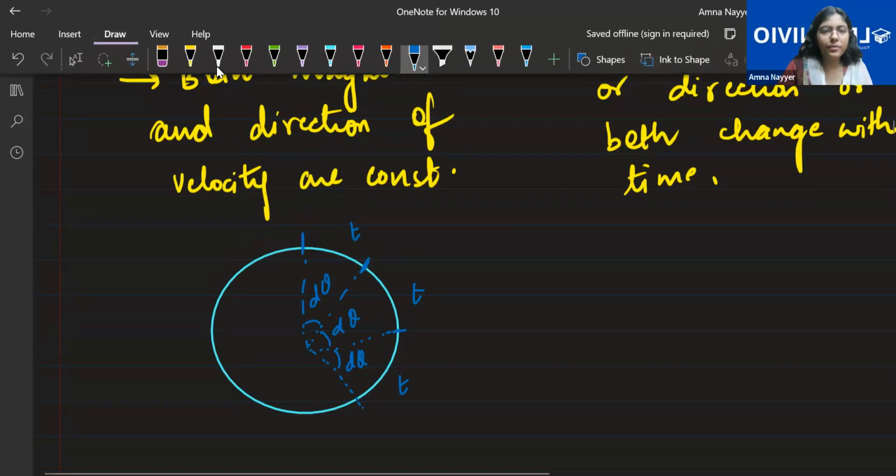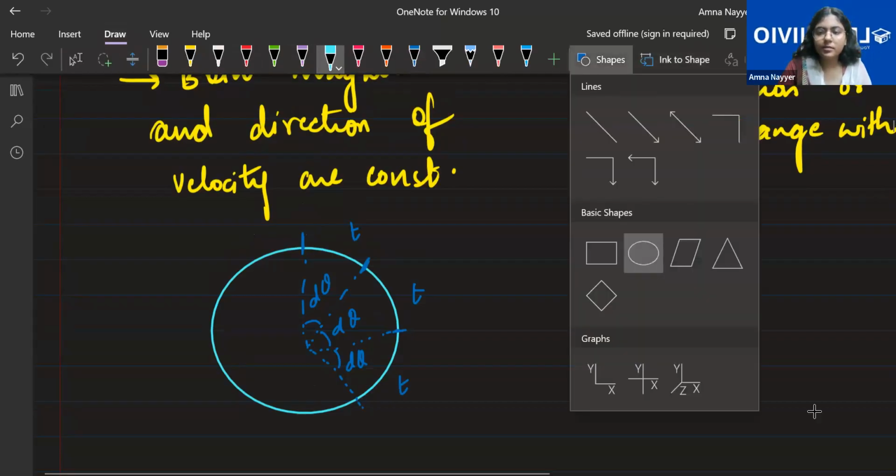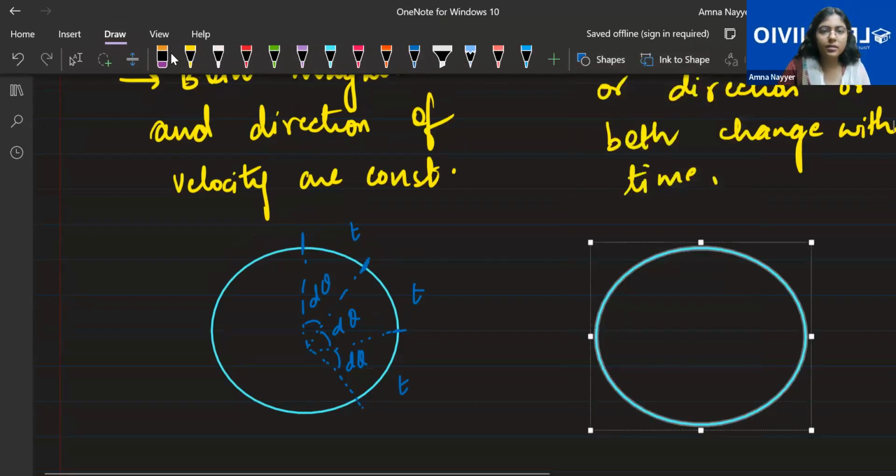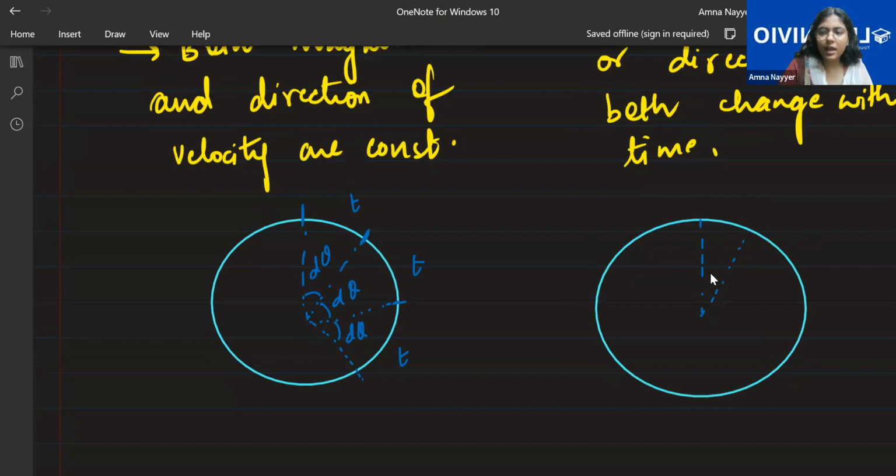This is your uniform. Now for non-uniform, see if there is a small angle subtended, let's say d theta 1 in time t1. Then this is the next angle d theta 2 in time t2. Then you have another d theta 3 in time t3.